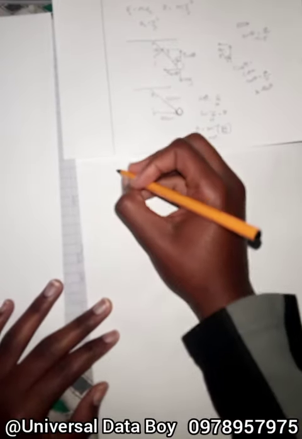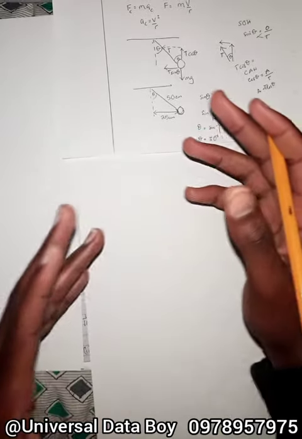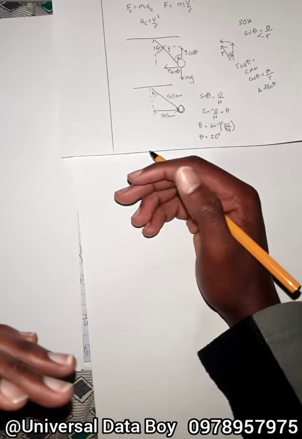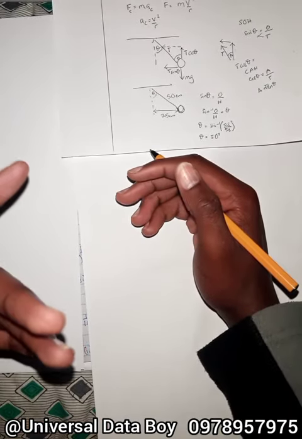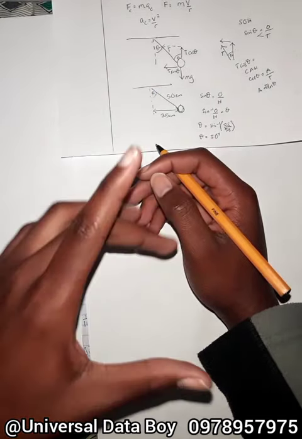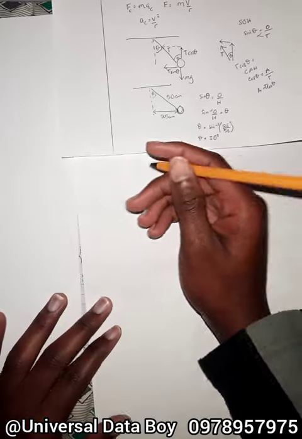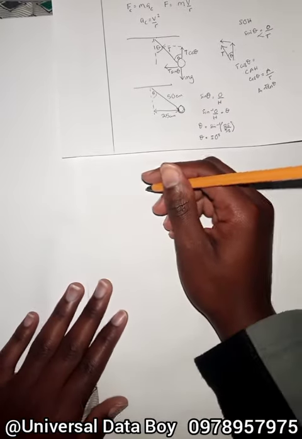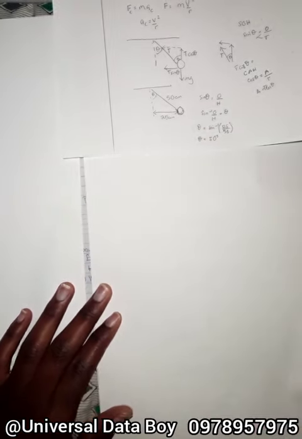We can start with the y direction. You can start with the x or the y, but it would depend on what you're looking for. For this kind of problem, I'm going to advise you to start with the y direction. You will see why in a few minutes.